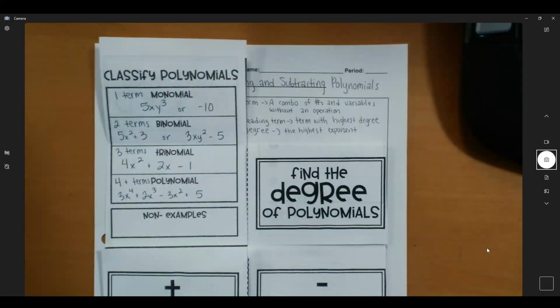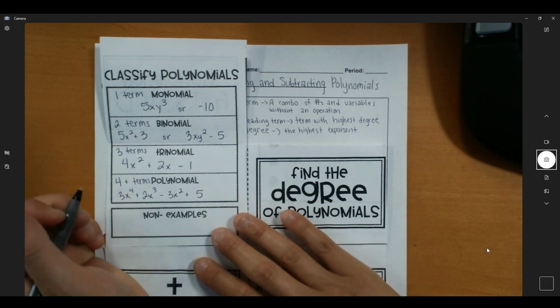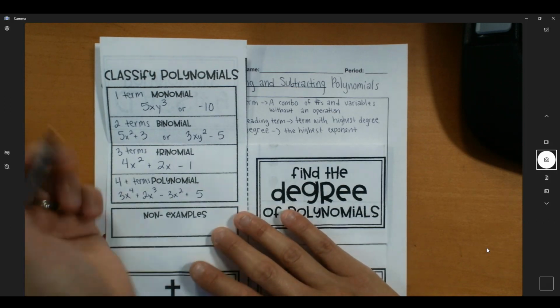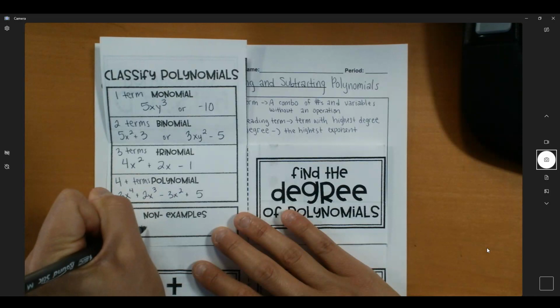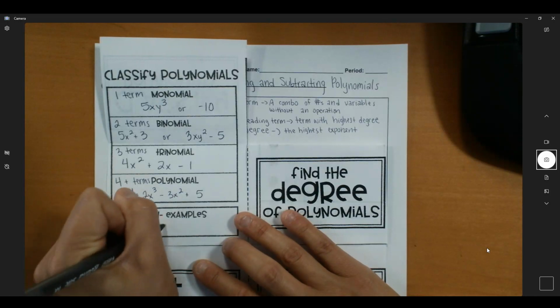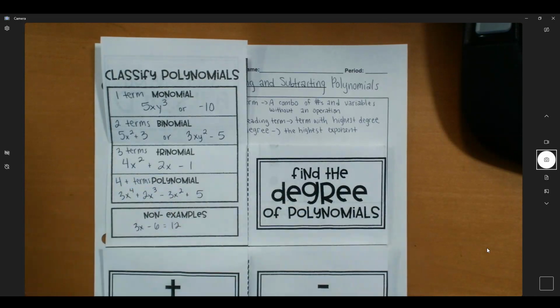So it could be any amount, 4 or more is a polynomial. And then a non-example, again, would be something like with an equation. So 3x minus 6 equals 12. Okay.